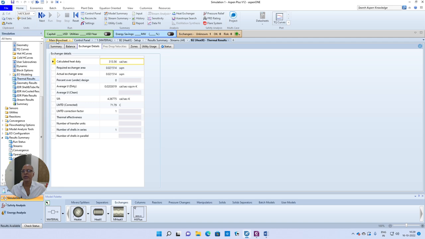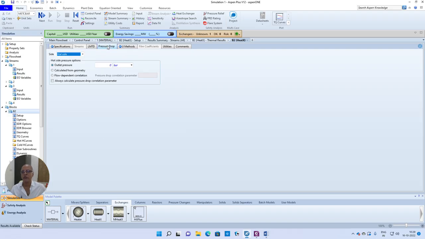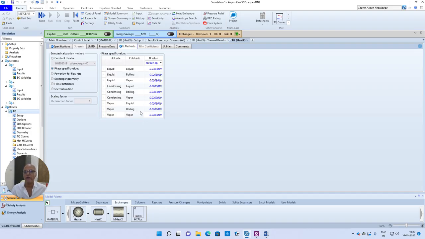If you go into the exchanger, in fact you can see we did not mention, you can also specify if you have some pressure drops on the hot side and cold side separately. In case you want to take into account the pressure drops in the real case, that is also possible. But if you look at these U methods, by default, irrespective of the system that you are handling, a constant value is taken by this model to calculate the area.